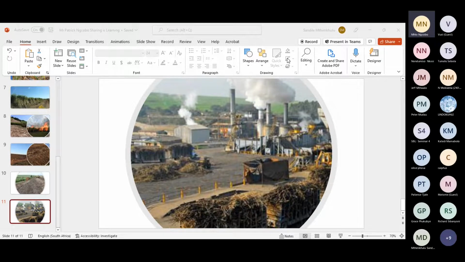And when you get to that sugar cane, you can smell the smell of alcohol, because the sugar cane is actually fermenting at that particular point in time.